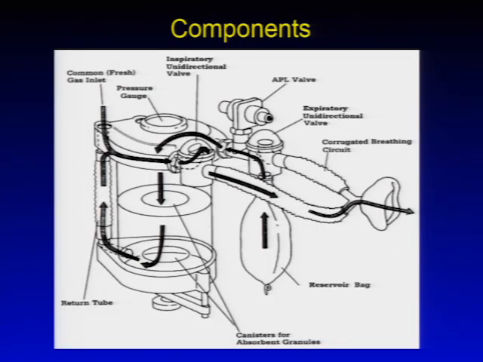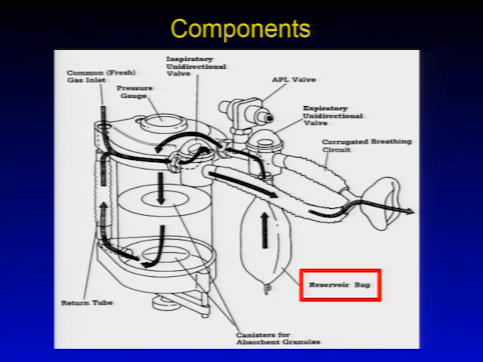So, as you can see here, these are the components of the gas machine. First, the common fresh gas inlet, the gas coming from the anesthesia machine for delivery, and then there's a unidirectional valve to prevent return gas, which is transferred into the corrugated breathing circuit, delivered to the patient, and returned through the corrugated breathing circuit, and then you have the expiratory unidirectional valve here.